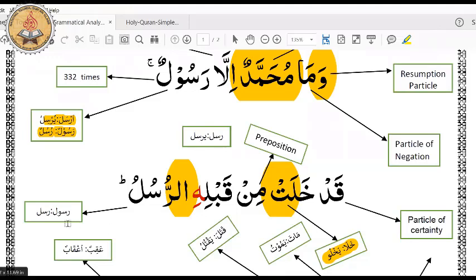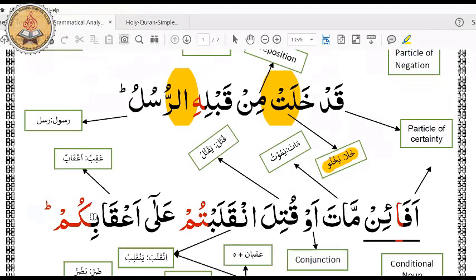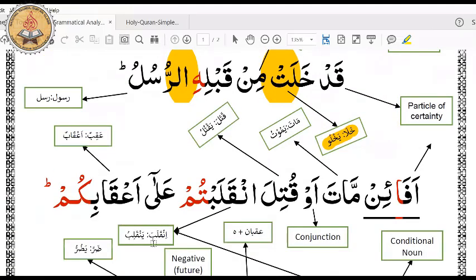So after that we come to the next part of the verse, and this is afa in mata aw qutila inqalabtum ala aqabikum.